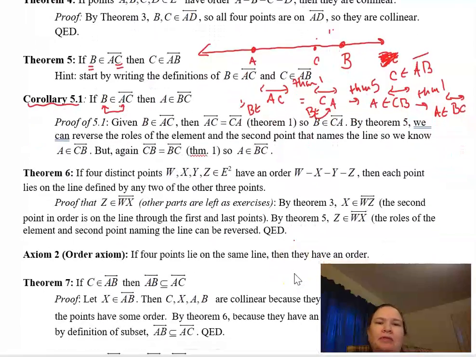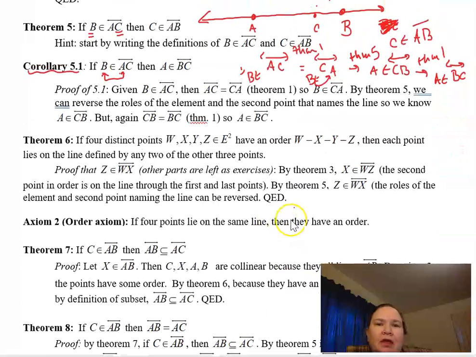All right, theorem 6 now says, all right, we've gotten close. What I want to say next is that if I have 4 points that have any order, W, X, Y, Z, any order at all, that's the order for that particular naming, then I can name a line with any 2 of these.